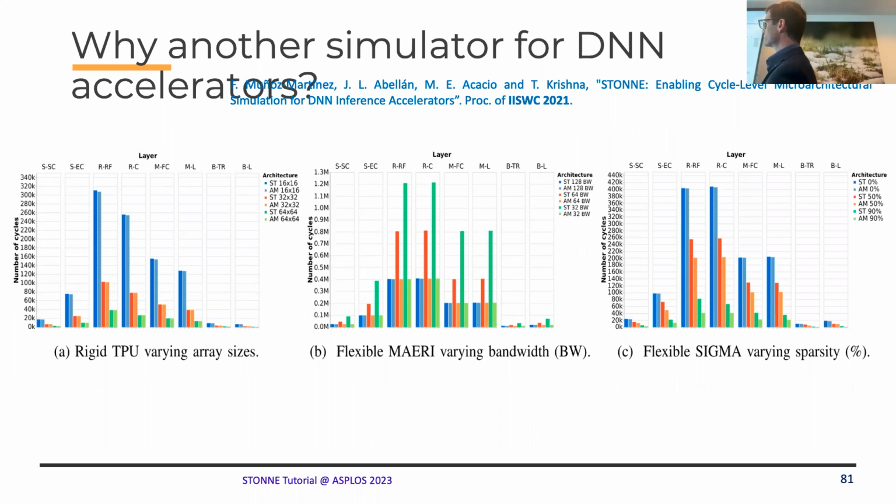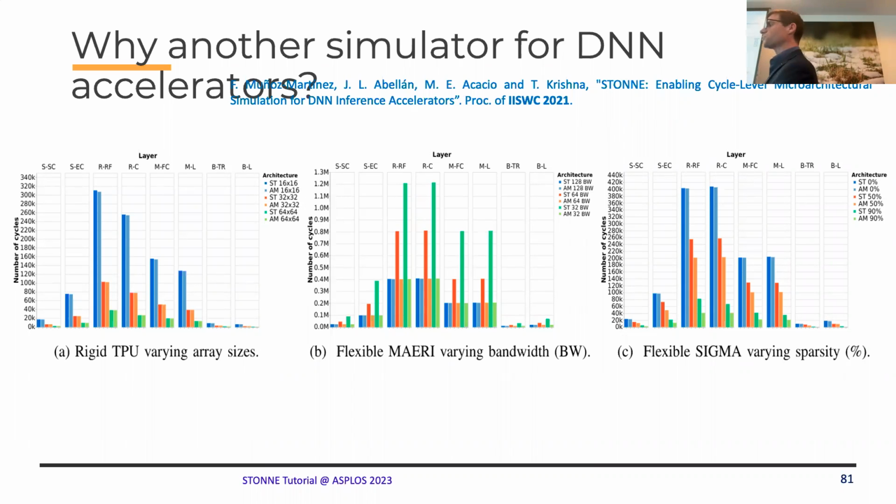As we can see here, the STONNE simulator, due to this cycle accuracy, can report the stall time, so it can report higher times as compared to the analytical models that cannot model stalls at all.